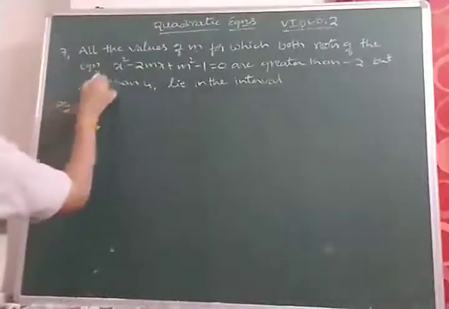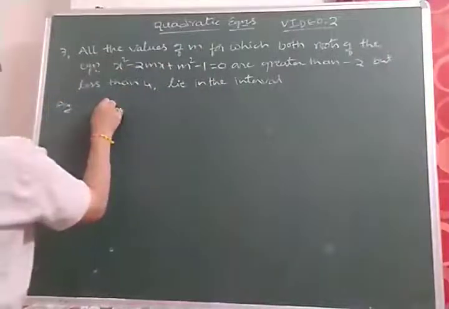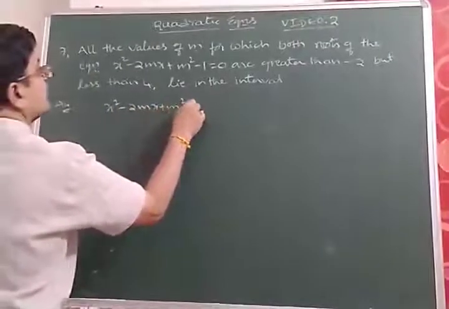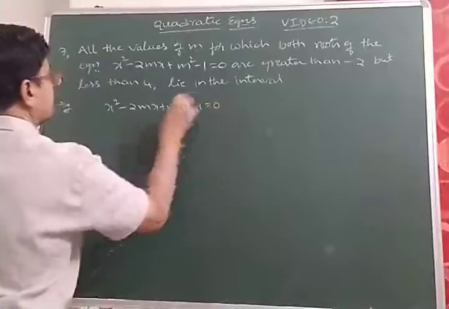So first of all, the given equation can be written as x square minus 2mx plus m square minus 1 is equal to 0.